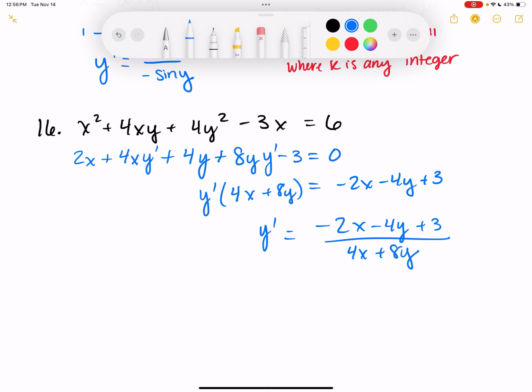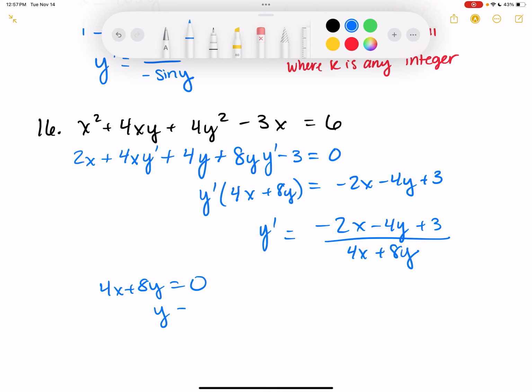So now what's going to cause a problem? You have two different unknowns. If it's zero on the bottom of the fraction, that's a problem. So I'm going to take the 4x plus 8y and set that equal to 0, and get y by itself.